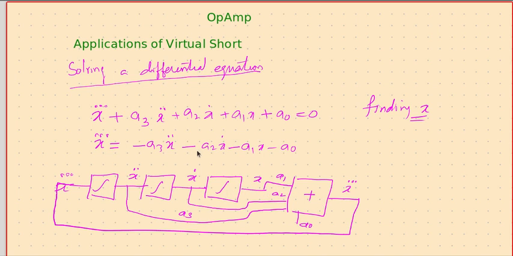Then I add them with these coefficients, and looking at this expression, I understand that this is nothing but x triple dot, which was the one we started from. Therefore this loop continues to get me the values as per this expression.